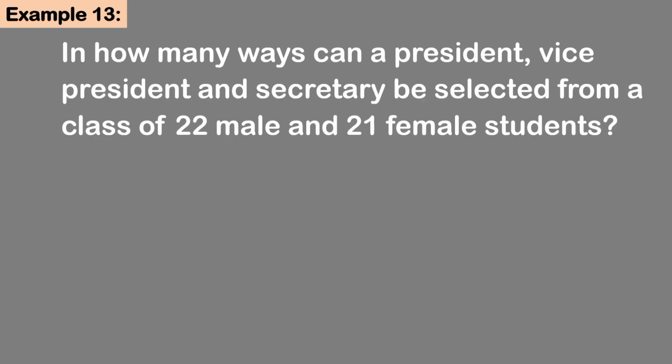Example 13. In how many ways can a president, vice president, and secretary be selected from a class of 22 male and 21 female students? There are no restrictions, but the 3 positions are distinct.